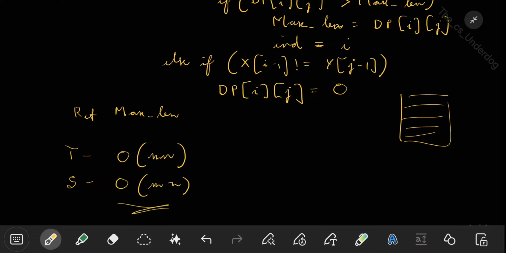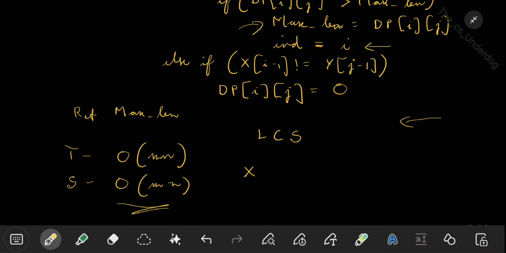In order to find that, from any of the strings you can find this out either from x or y. From x, let us say in case this index tracking was done for x, then you know this is the last index. For the substring, this is the last index. From that index, you should go backwards. How much backward? Max length backward.